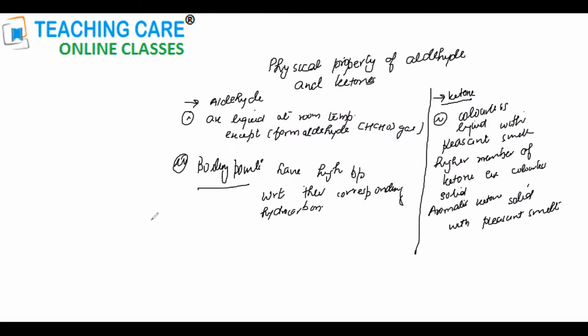Like if we talk about an aldehyde, CH3CHO, and a ketone, like CH3COCH3. So this is propanal and this is propanone.